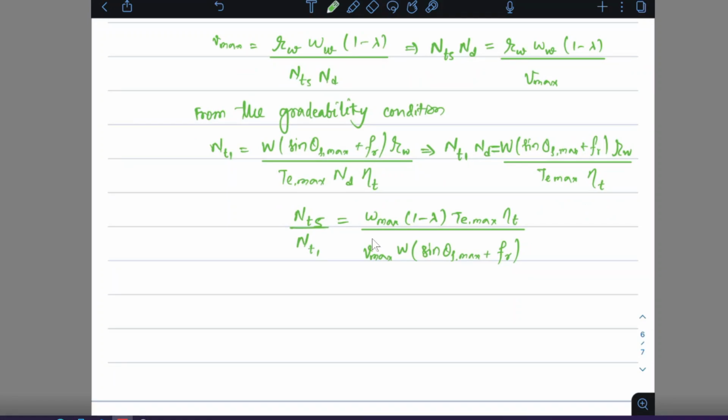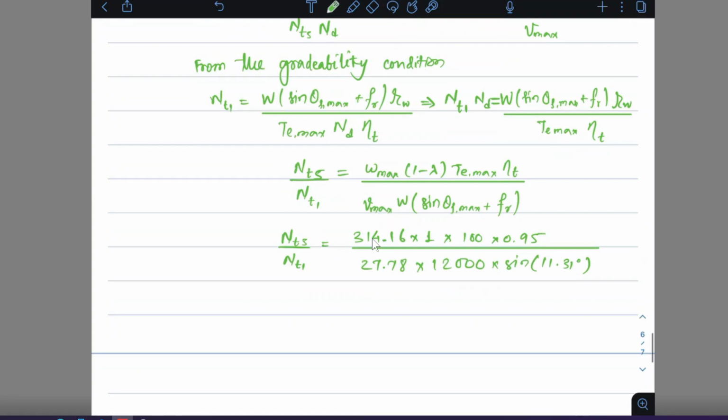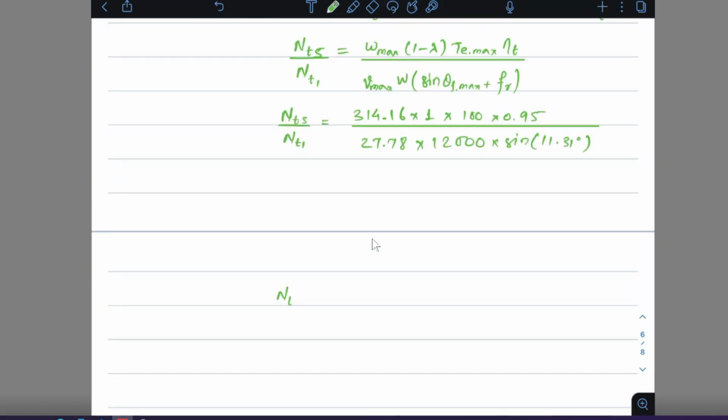Let's substitute the values to get NT5 by NT1. So we get NT5 over NT1 as 0.4565.